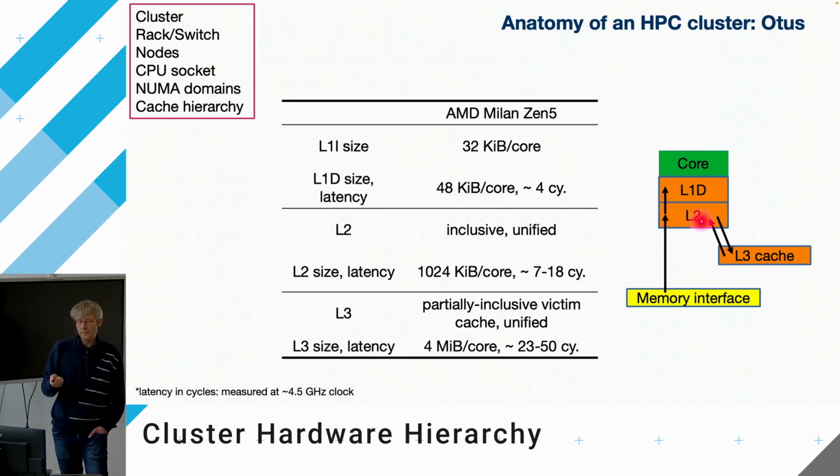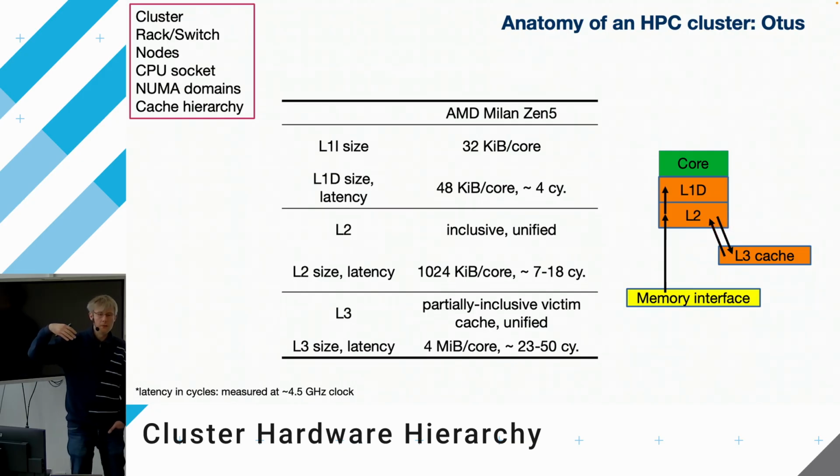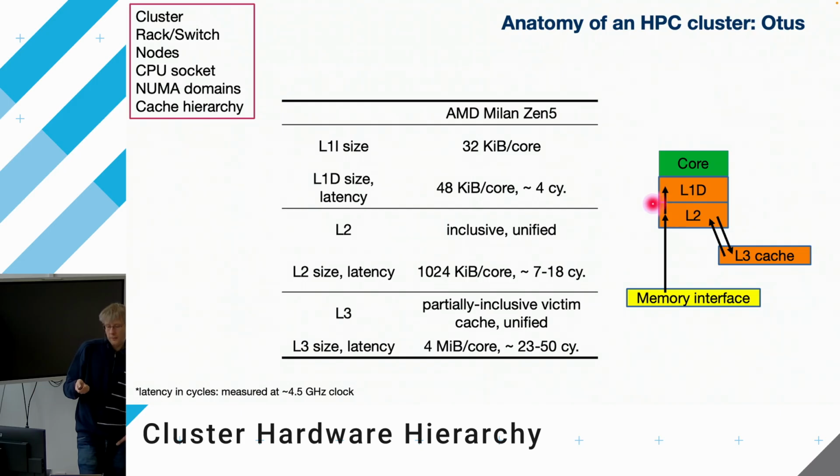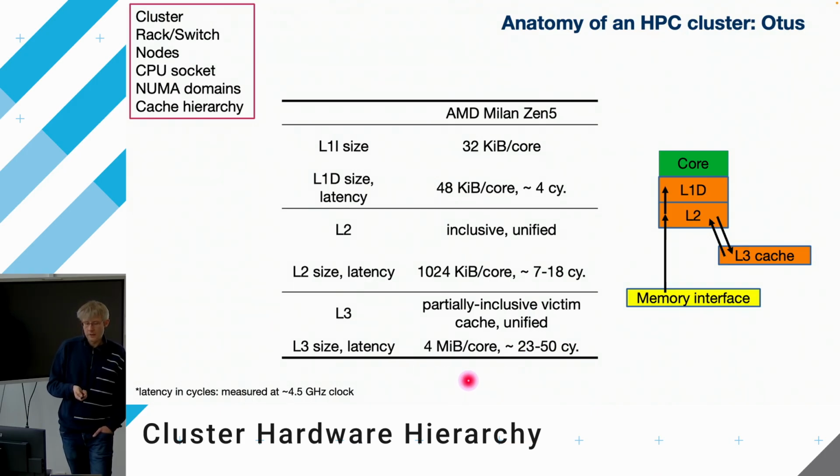It is removed from the L2 cache, but because it was a victim of this removal process, it gets stored in the L3 cache. Now, if you need the data again and request it, it can be fetched from the L3 cache if it's still inside. And this L3 cache is then shared by multiple cores. And we see here it's 4 MB per core.